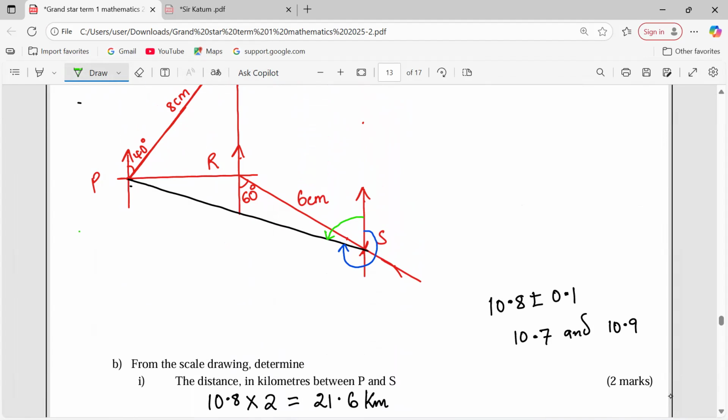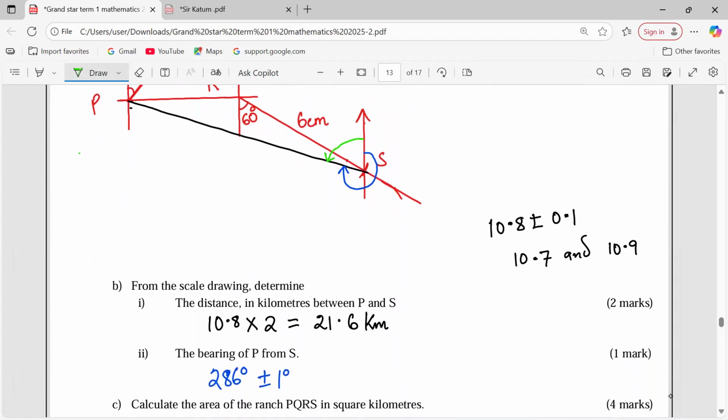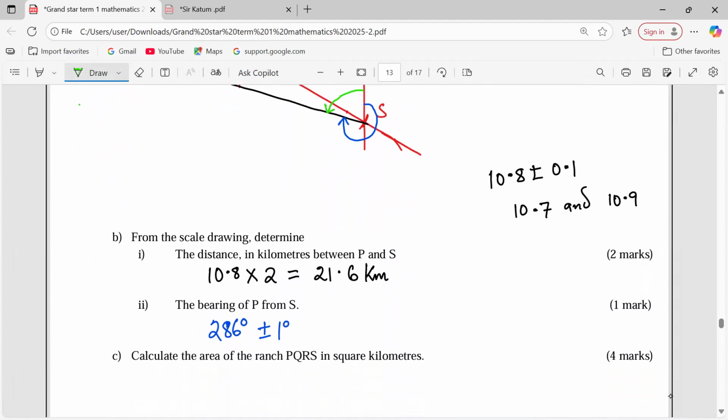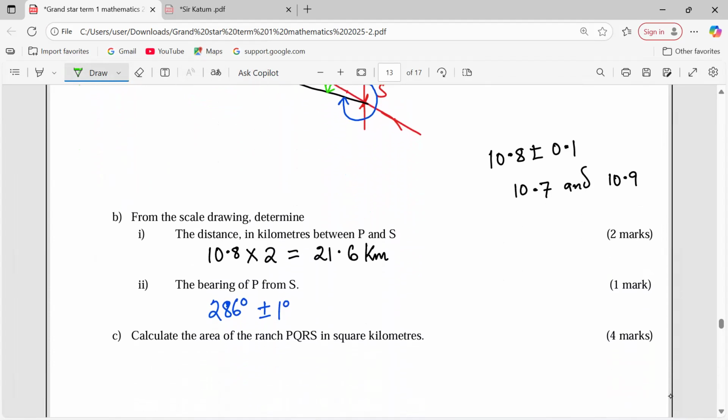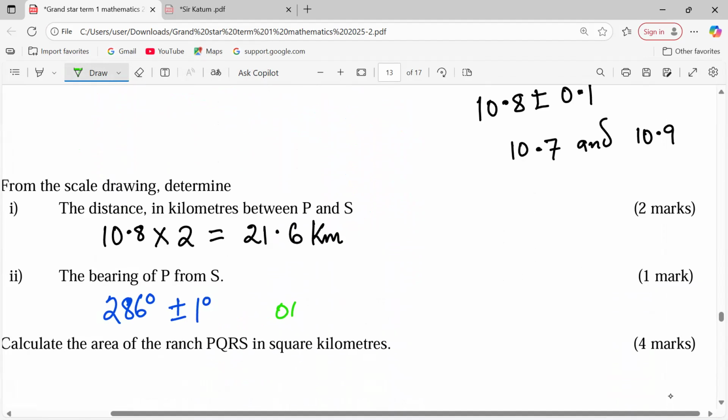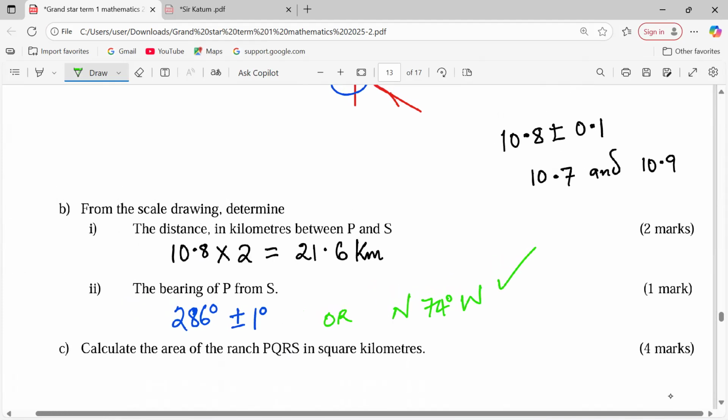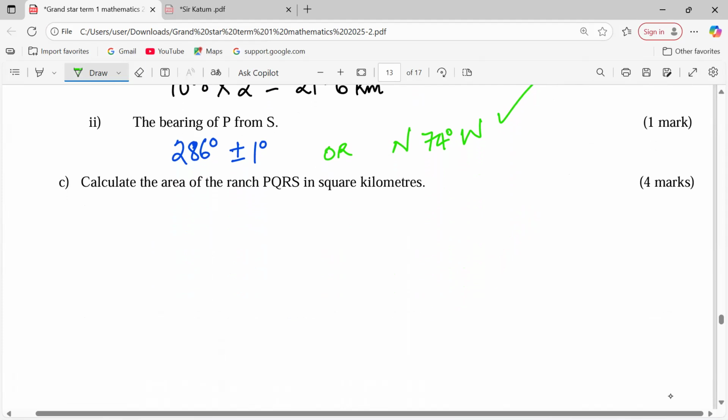This is going to be 74. That angle, the one I've indicated with green, 74. So we've measured the compass bearing now from the north, 74 degrees towards the west. That is an alternative way of expressing the bearing.